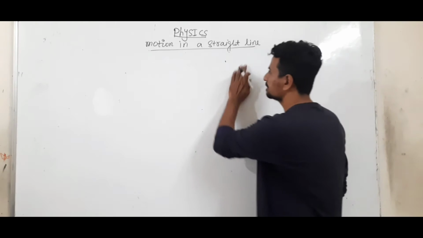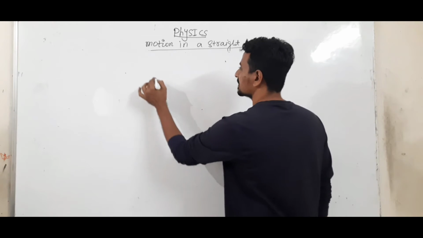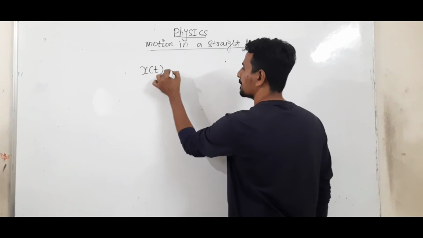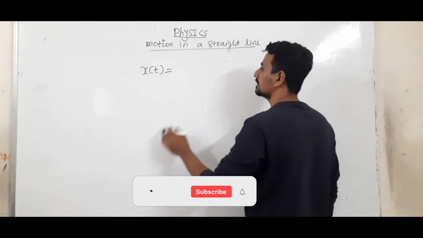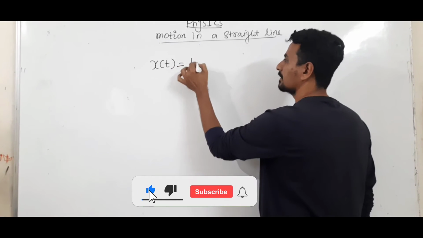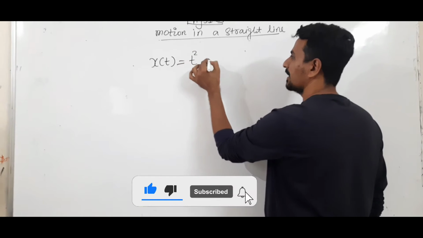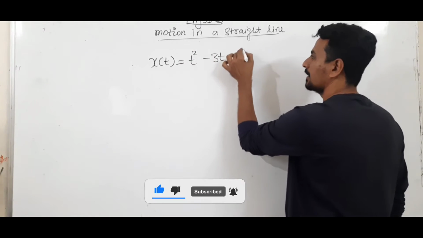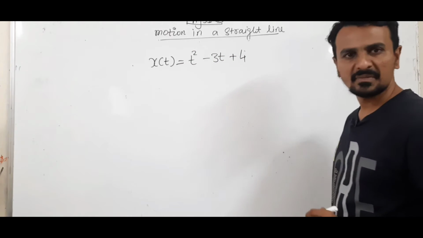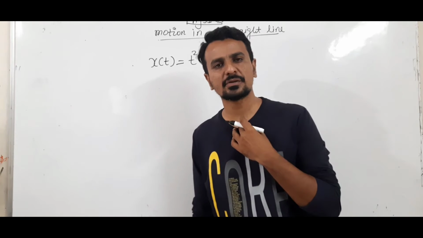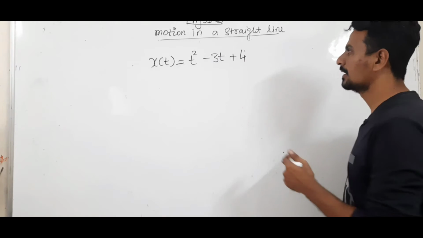See the next question. Say position as a function of time of a particle is given as, take any number, t square minus 3t plus 4. That means position of the object depends on the time according to this equation.